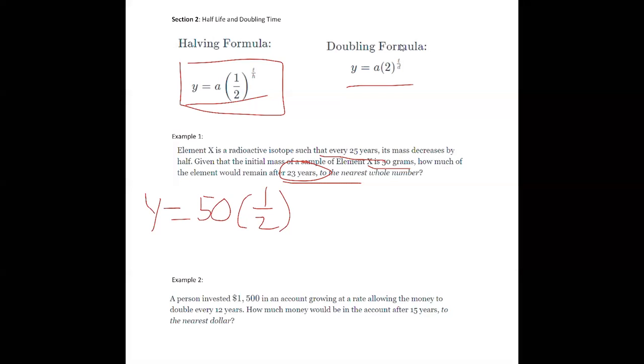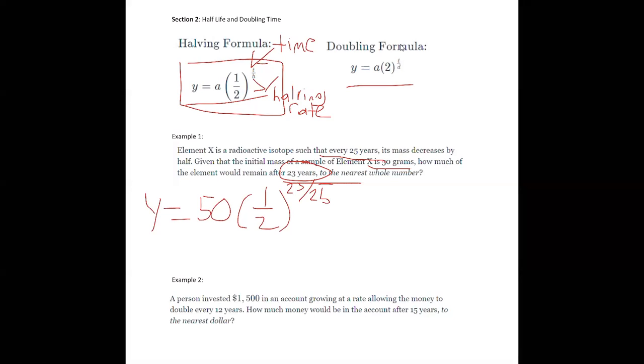We really only have 23 years out of the 25 years it takes. In this formula, the T is your time, and the H, I think they call it the halving rate. Basically, how long does it take to decrease to half of what you started with? So we only have 23 years out of the 25 years it takes to make half.